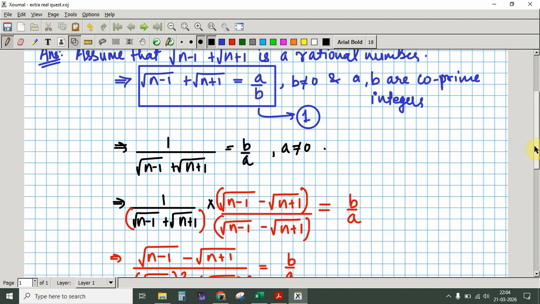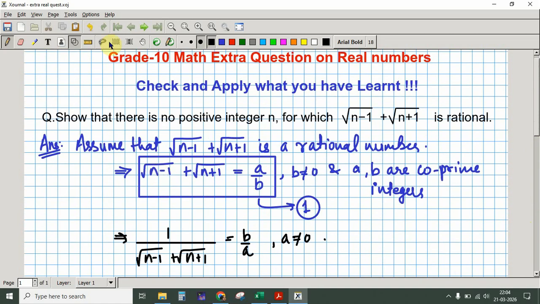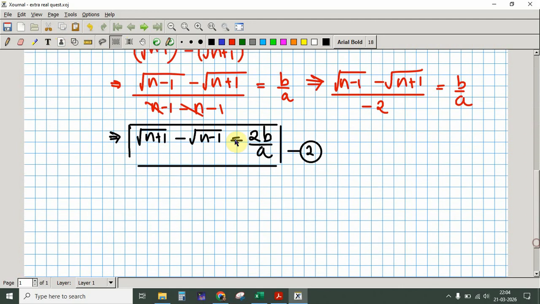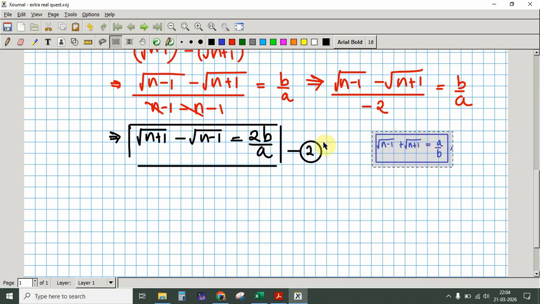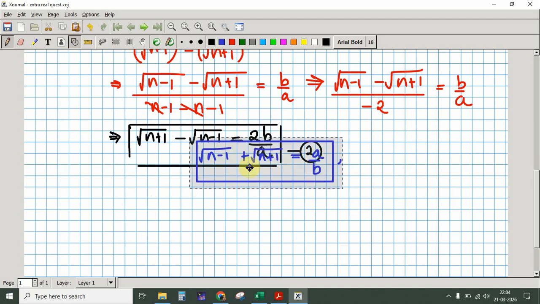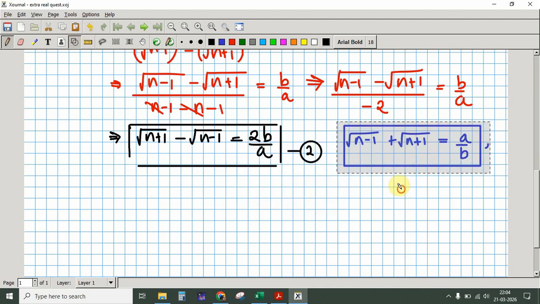Now observe that equation number 1 is this. Let me copy this. Now you have to observe these two equations. I'm going to add them. Let's add equation 1 and equation 2. This is my equation number 1.